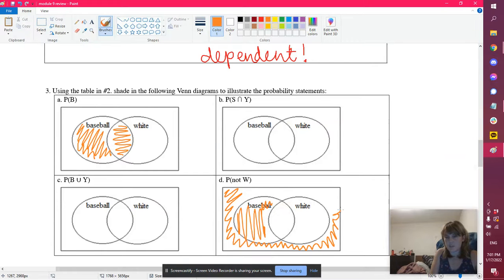It's everything that's not inside the circle labeled white. Okay? This one is asking for softballs and yellow. And this means we're only going to fill in one shape, because and means it has to be both. It's not baseballs. It's not white. So it turns out it's this outside shape.